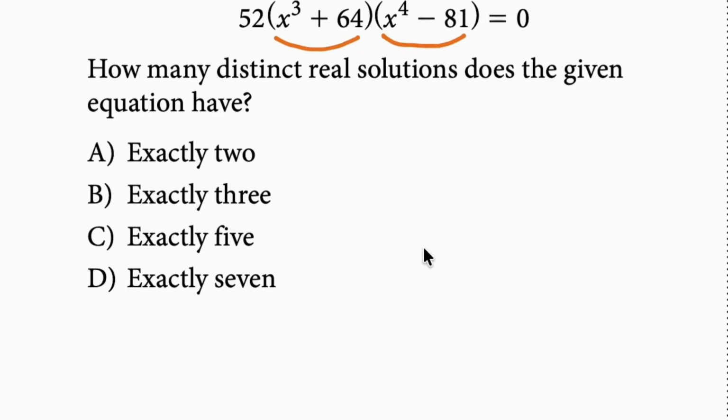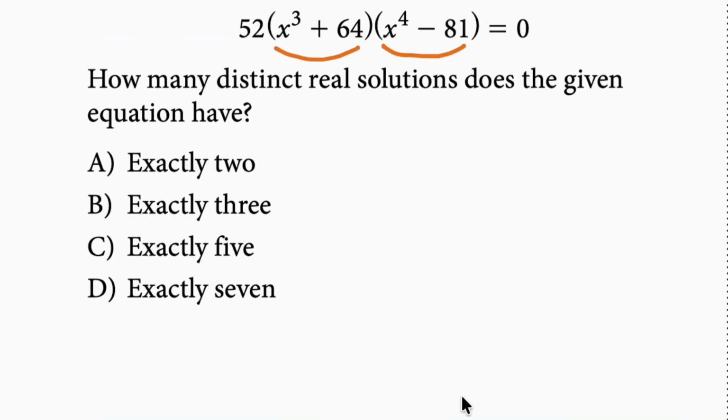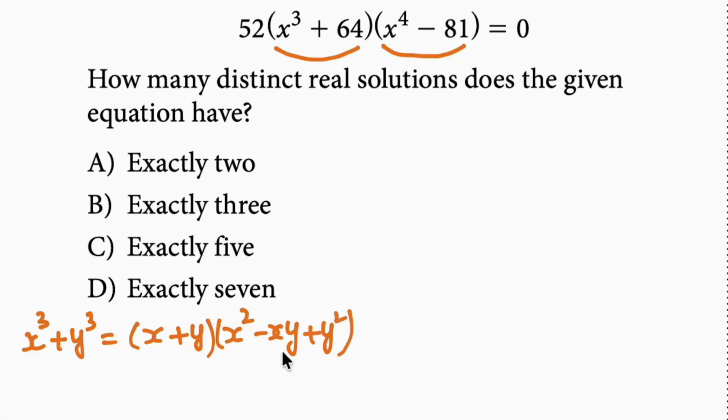Okay, so now we have to find the solutions, and for that we need to find the factors, and for that we need identities. As you can see, this is a cube with a plus sign, and this 64 is the cube of 4. So the first identity we are going to use is x cubed plus y cubed is equal to x plus y times x squared minus xy plus y squared, right?